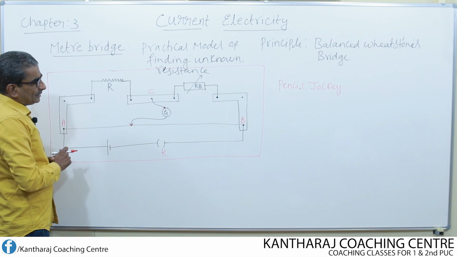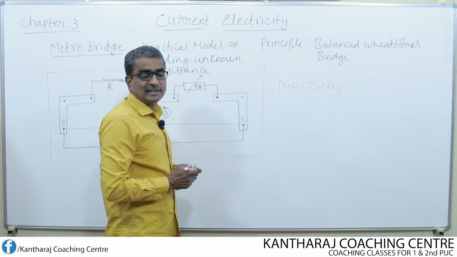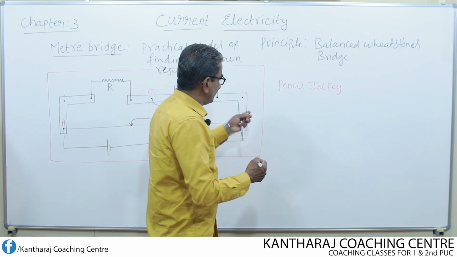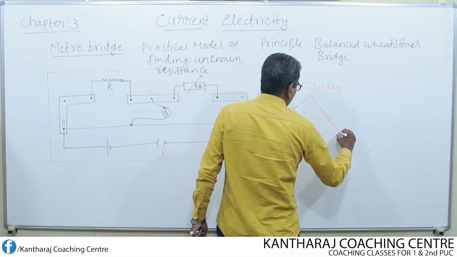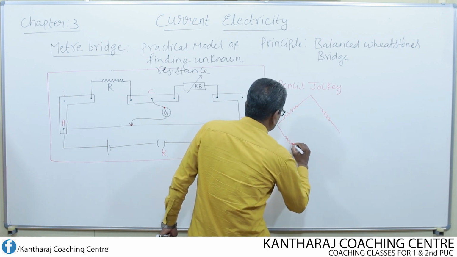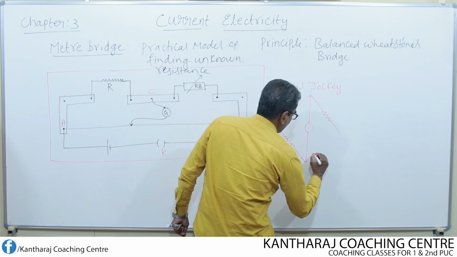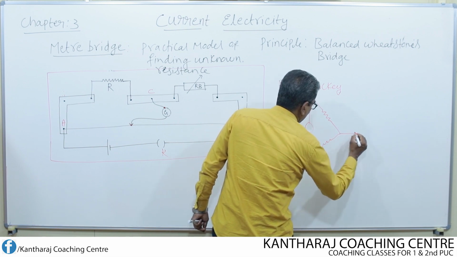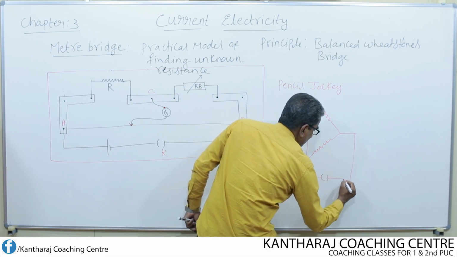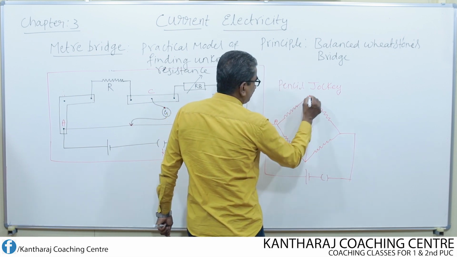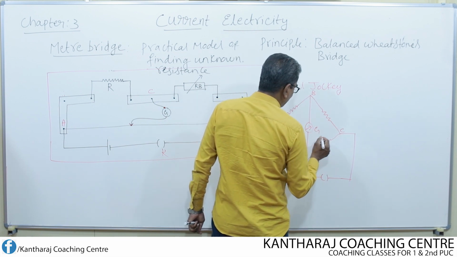Suppose I consider this entire circuit, it is found that this circuit is identical to Wheatstone's bridge. Let us compare this now. We know that Wheatstone's bridge consists of 4 resistors connected in the form of a quadrilateral. This is A, this is B, this is C, this is D, and this is the galvanometer.